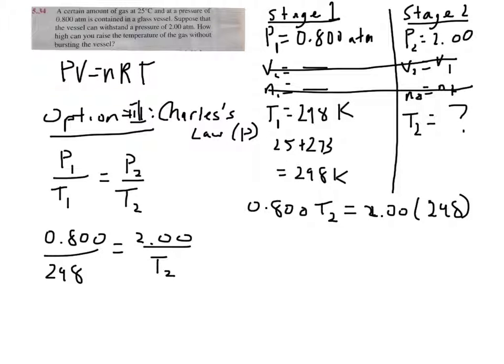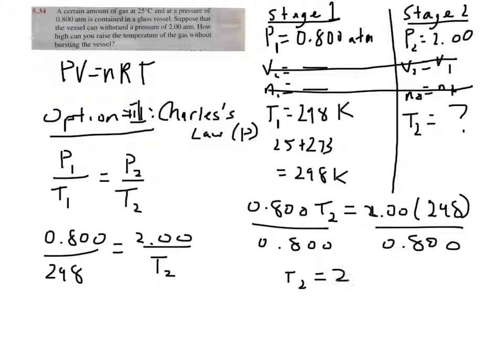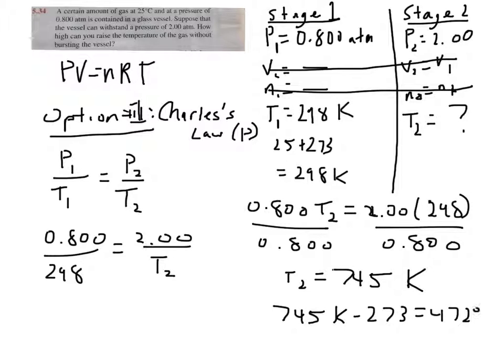Divide by 0.800, and we're left with T2 equals 745 Kelvin. And if you want the answer in degrees Celsius, which is the answer they give in the back of the book, you just say 745 Kelvin minus 273 equals 472 degrees Celsius.